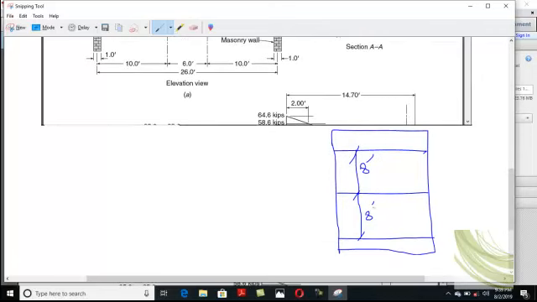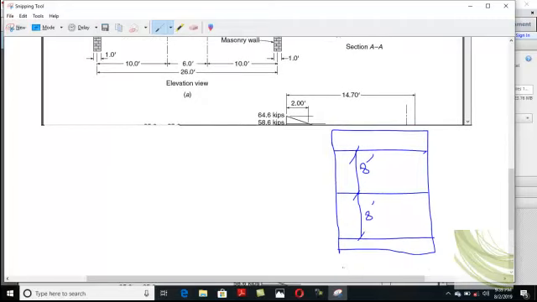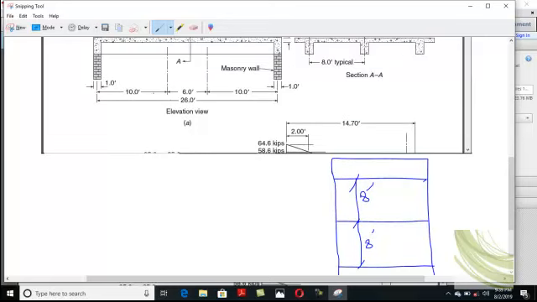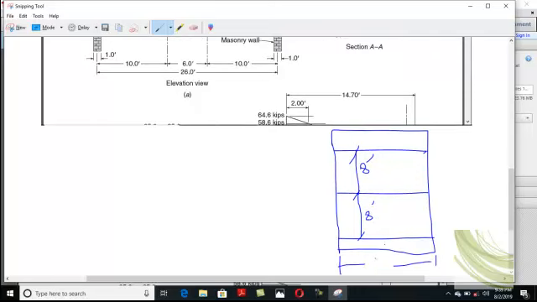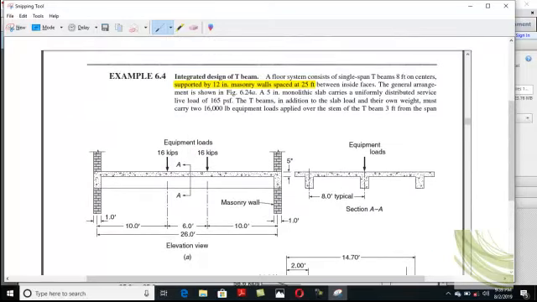Yes, 3 beams. So the total span of this beam is 26 feet center to center distance. This is the center to center distance, supported by a 12-inch masonry wall.